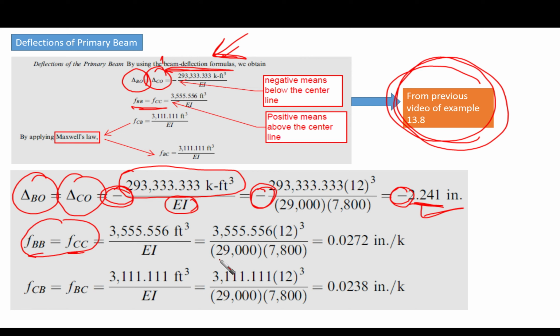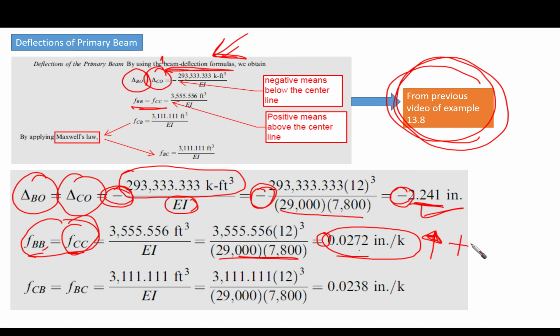It is easy for you, and substitute with the values of E and I. You can obtain this value, which is going to be 0.0275. Why is it positive? Because they are in the same direction as the assumed redundant. They are going up. Take care, these are FBB and FCC, so they are going up. This means that it is positive.